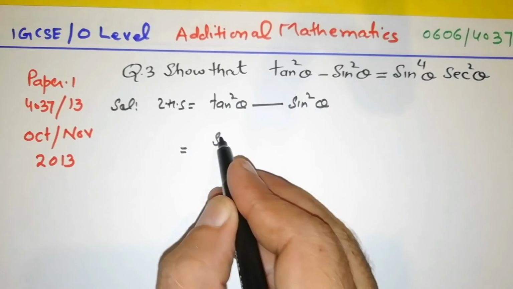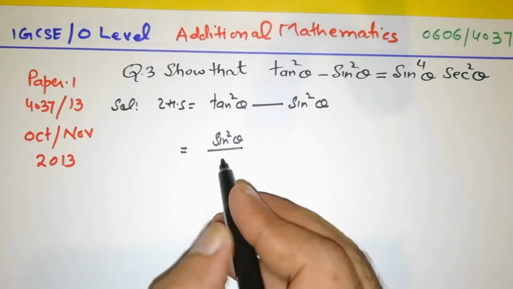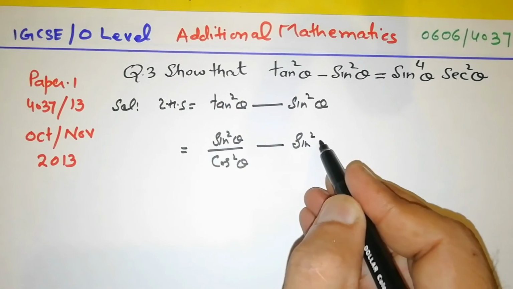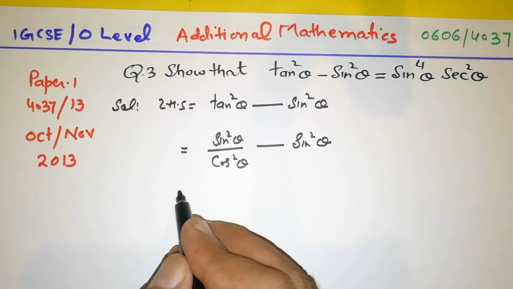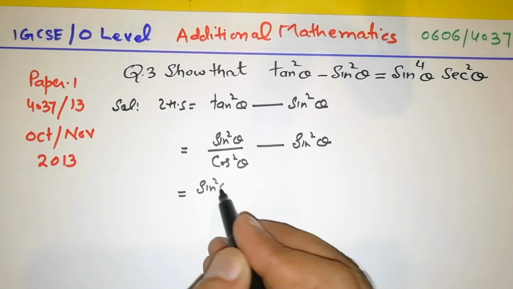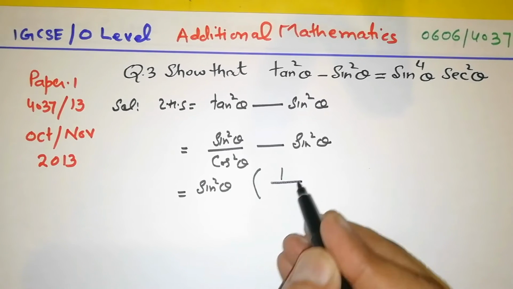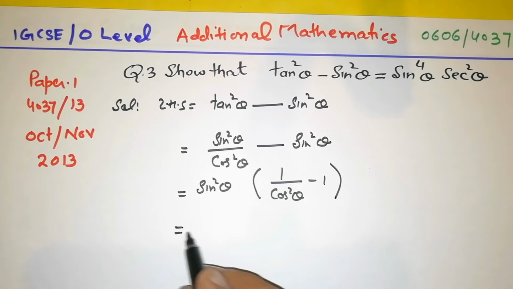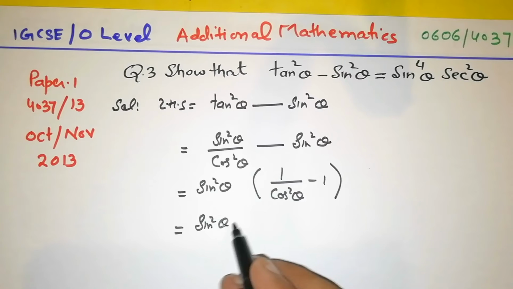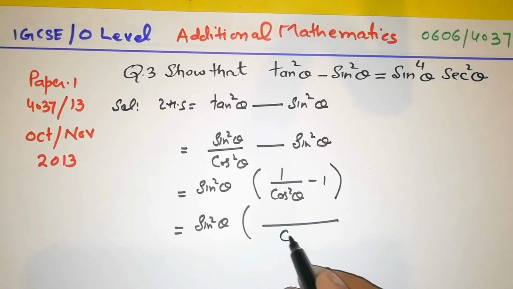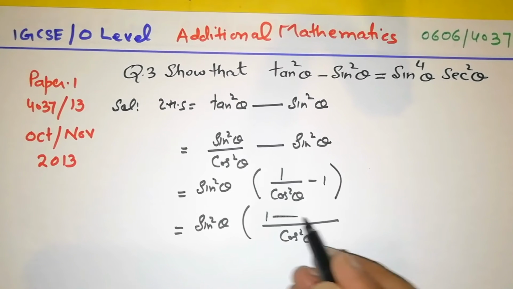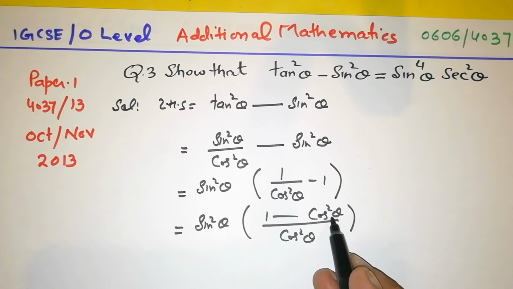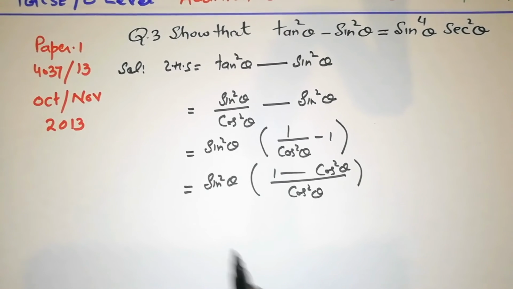So students, see here, tangent square theta can be written as sine square theta over cos square theta, minus sine square theta. We take this sine square theta as a common factor from these two terms, 1 over cos square theta minus 1. Therefore, we have sine square theta into LCM is cosine square theta and 1 minus cosine square theta. And students, you know 1 minus cos square theta is equal to sine square theta.